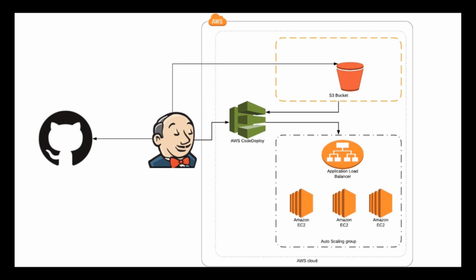At the same time, we need another service role, using which the CodeDeploy service can interact with the EC2 load balancer and autoscaling group. So let's create a service role for the EC2 instance and the CodeDeploy service.